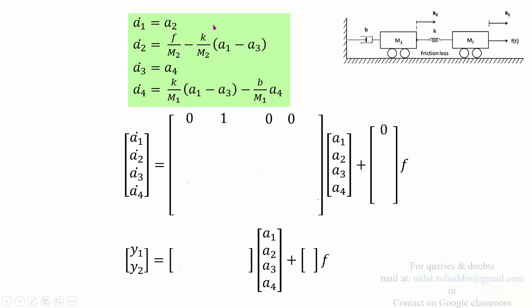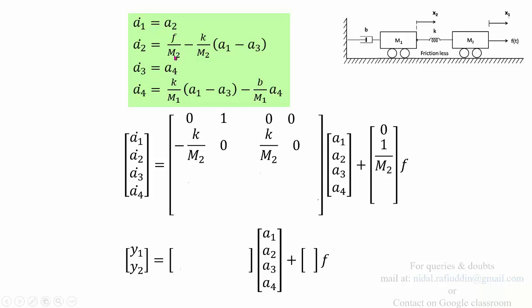a2 dot from equation 2 can be written in terms of a1 as minus k by m2, and since there is no term for a2, 0, and again minus a3 multiplied by minus k by m2 plus k by m2, and for a4 you don't have any term, this is 0, and for input you have 1 upon m2.